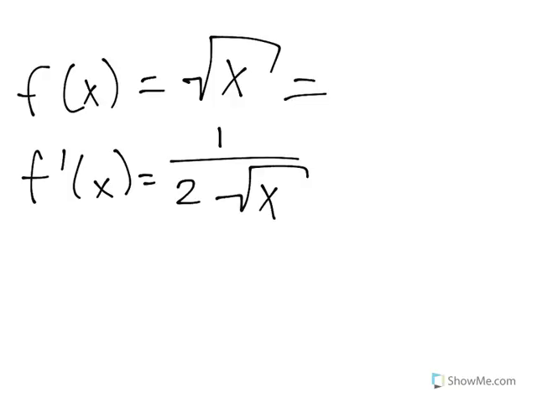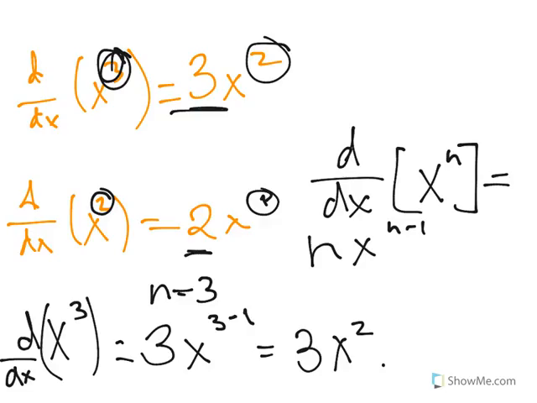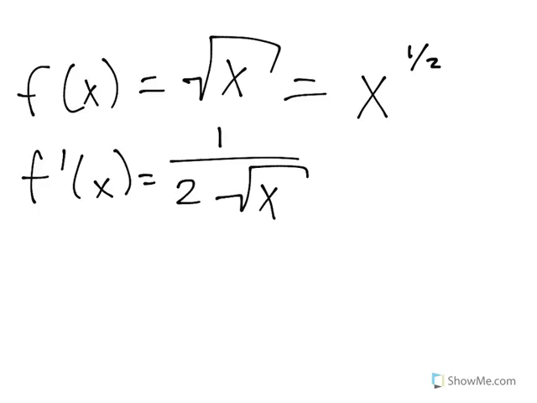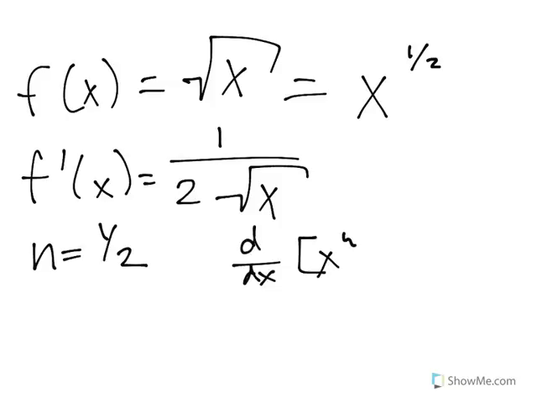Well, the square root of x is just basically x to the 1/2. So according to our rule, it actually is in the form we need it to be in. We say that n is equal to 1/2. So d/dx of x to the n is n x to the n minus 1.